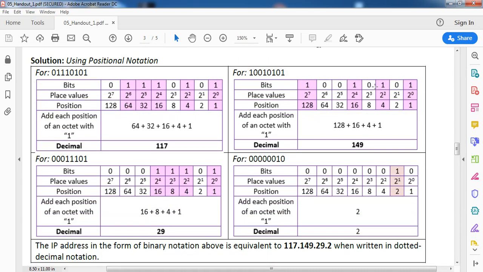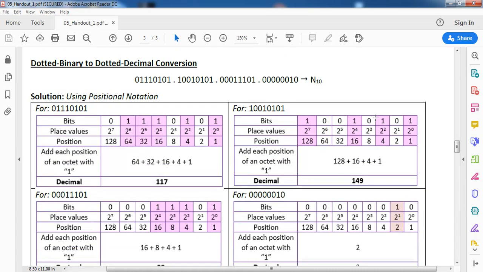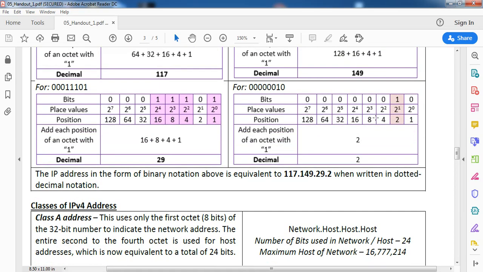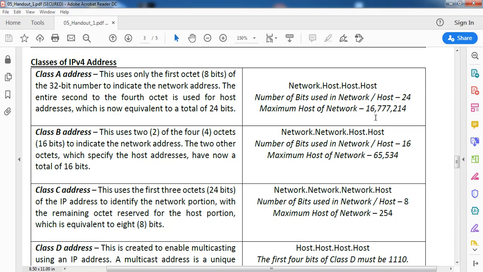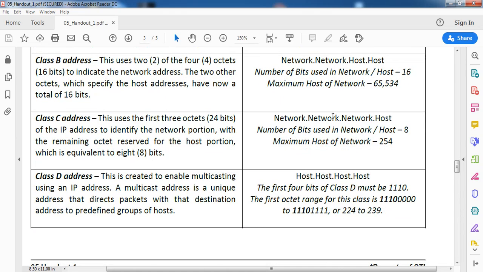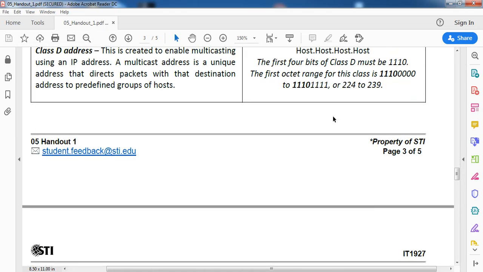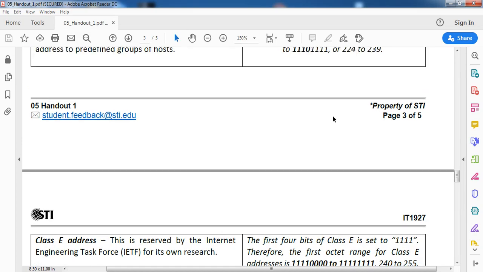So it is still a must for us to be able to know how to convert between the two. And of course, this is a basic knowledge for all IT students. We're able to classify the classes of IP addresses and how to identify them. For the public, we use class A, B, and C. For multicasting, we use class D. And for experimental and research purposes, we use class E.